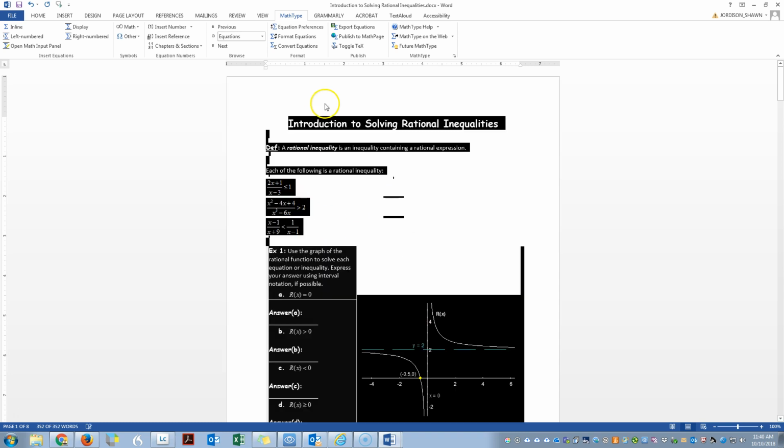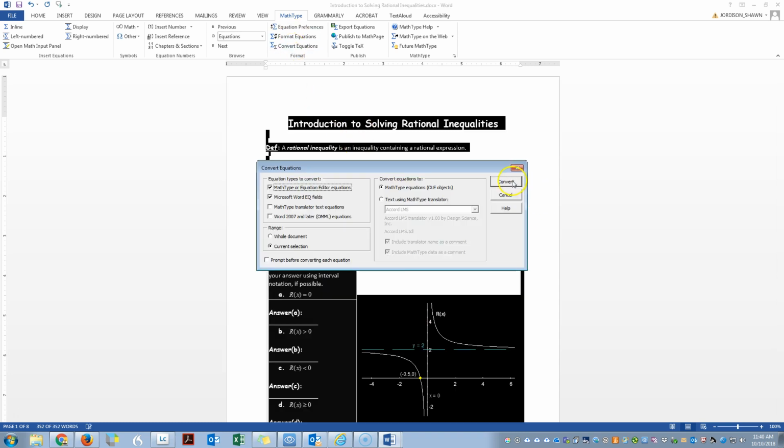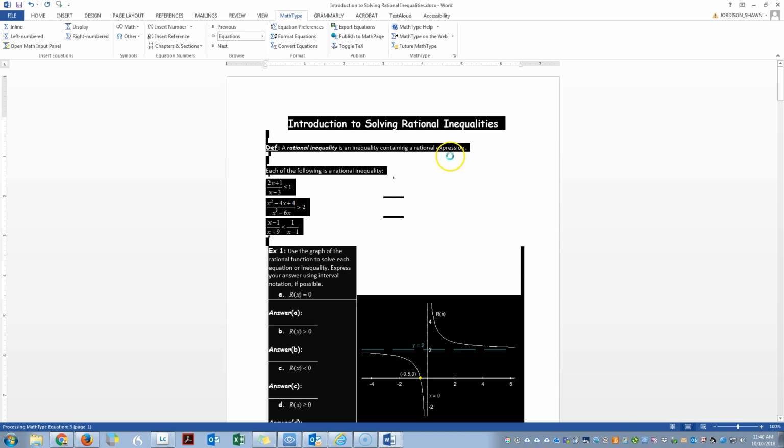I wonder if we have to select all. Probably do. Okay, right now it's going through every page, and it's basically taking the Microsoft Equation Editor and turning it into MathType, which is a specific type of equation editor.